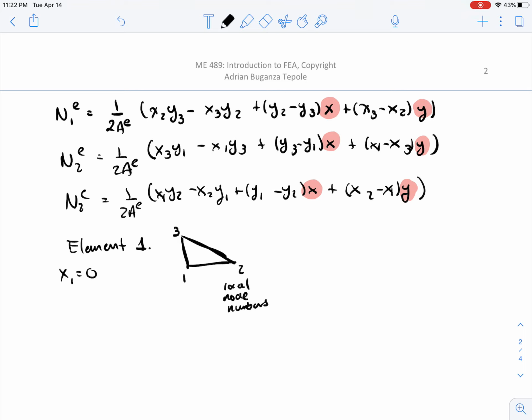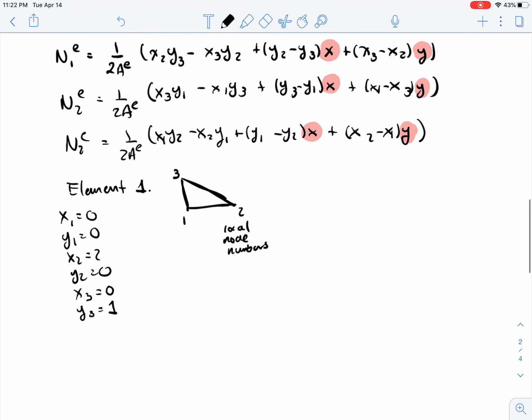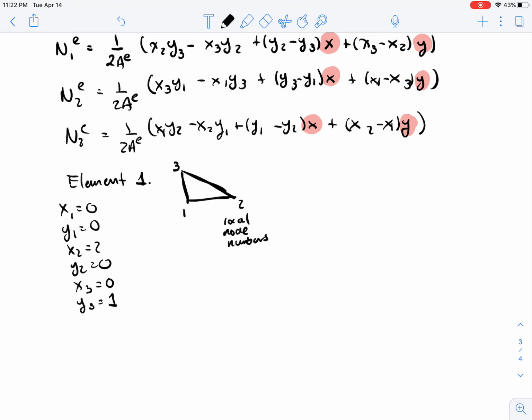So we have x1 equals 0, y1 equals 0, x2 equals 2, y2 equals 0, x3 equals 0, y3 equals 1.